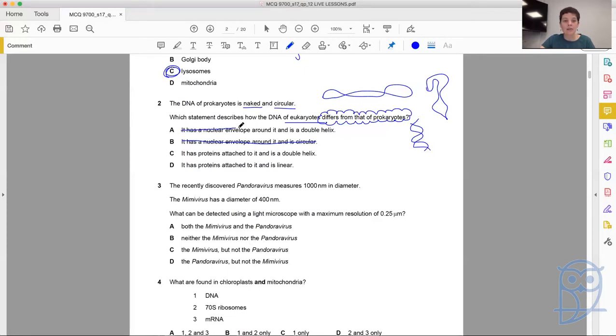So our double helix options can also be crossed out because we're not just describing eukaryotic DNA, we are describing how it is different from the prokaryote. So something that they have in common doesn't apply. So we're left with proteins attached and linear, which is correct. Our eukaryotic DNA is stabilized with that addition of proteins and it's cut into linear chromosomes. So 2 is D.